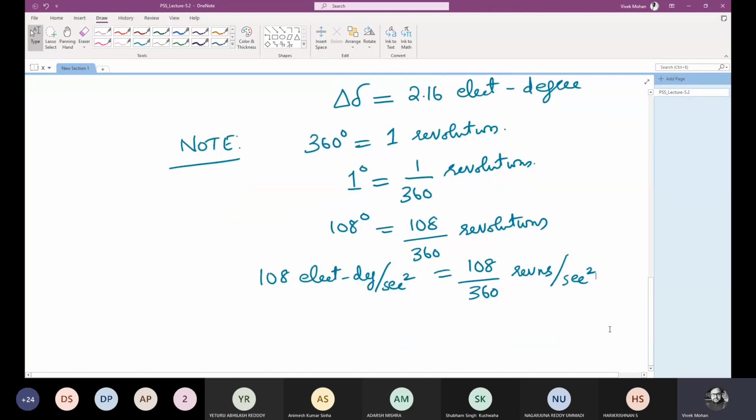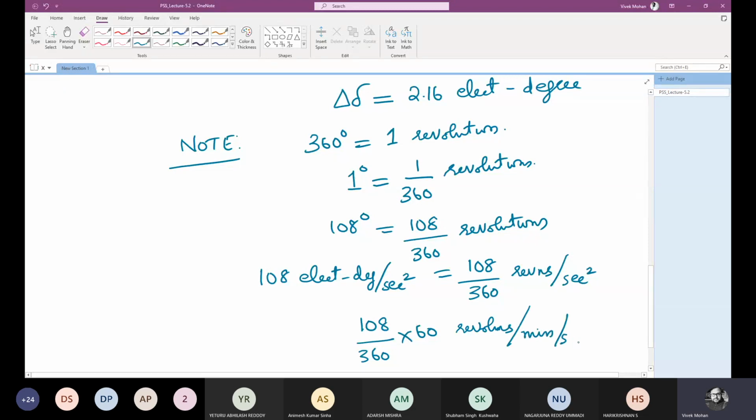If you are going to convert this to revolutions per minute per second, then 108 divided by 360 into 60. There is second squared, so 1 second will be converted to minutes. So this will be revolutions per minute per second.